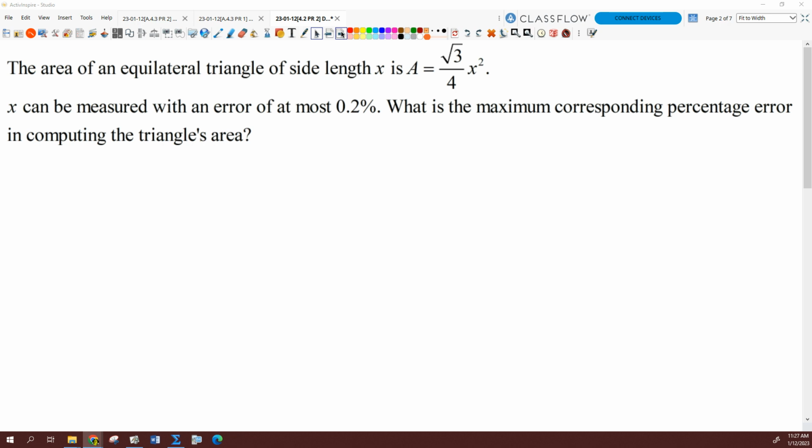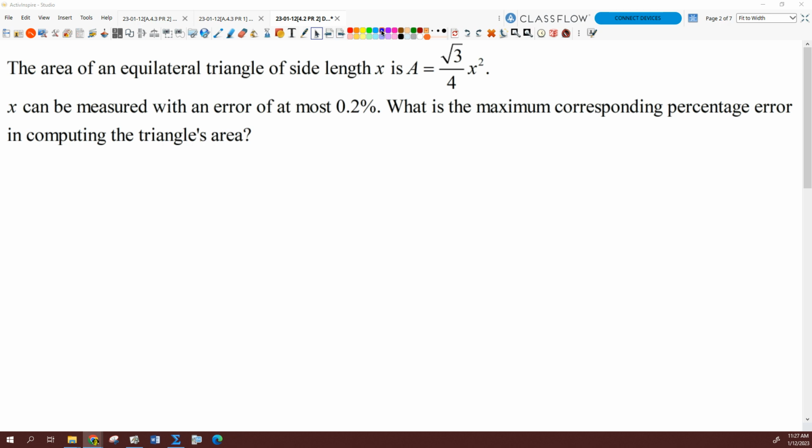So what would that look like? If I'm calculating percentage error, what am I looking for here? What is this animal?